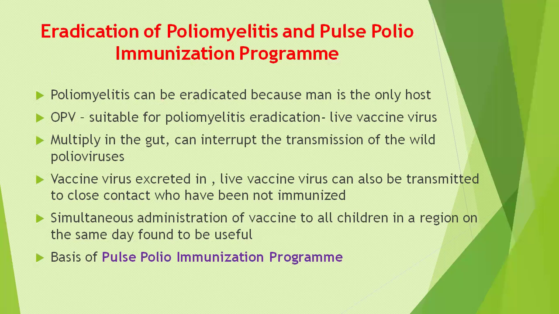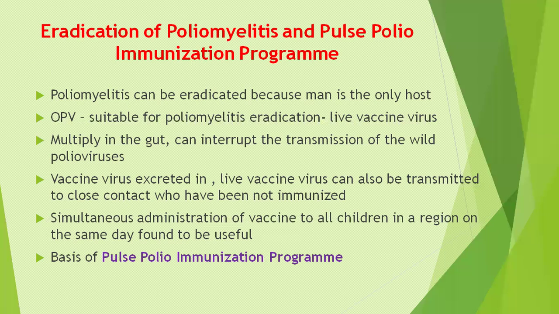After giving the vaccine, this vaccine virus continuously multiplies in the gut of the vaccinated child, and it can interrupt the transmission of wild poliovirus. This means if wild poliovirus enters the stomach through contaminated food and water, the vaccine virus can interrupt the transmission.